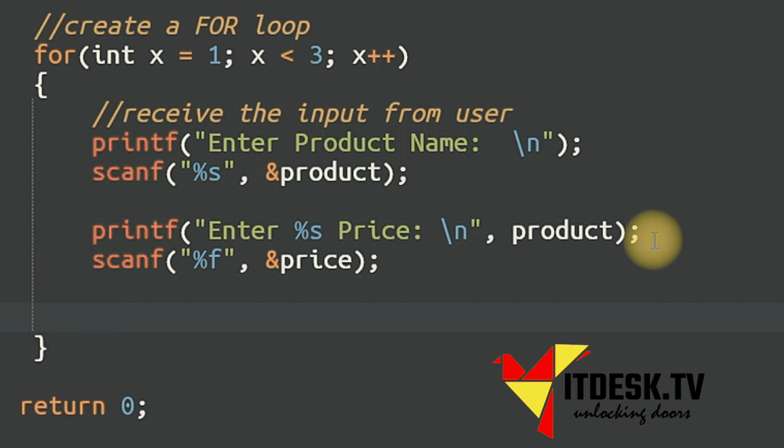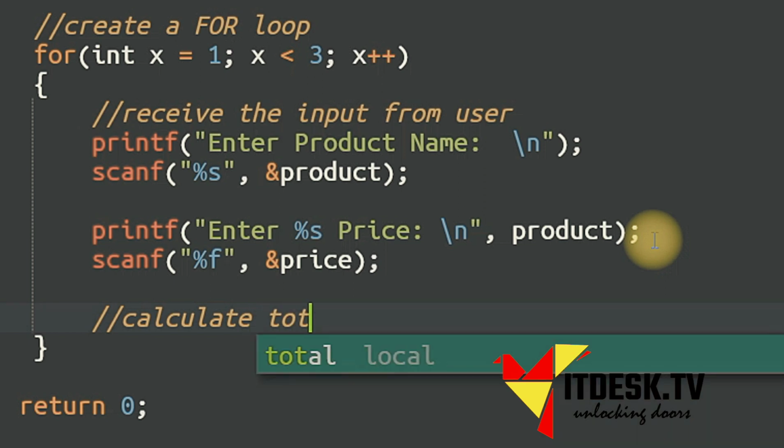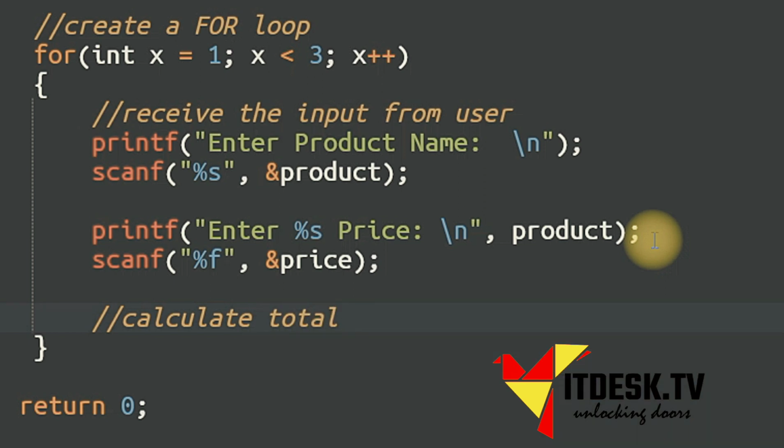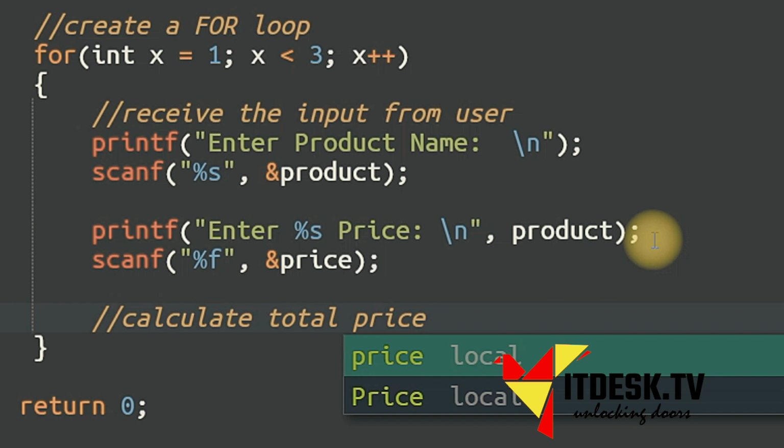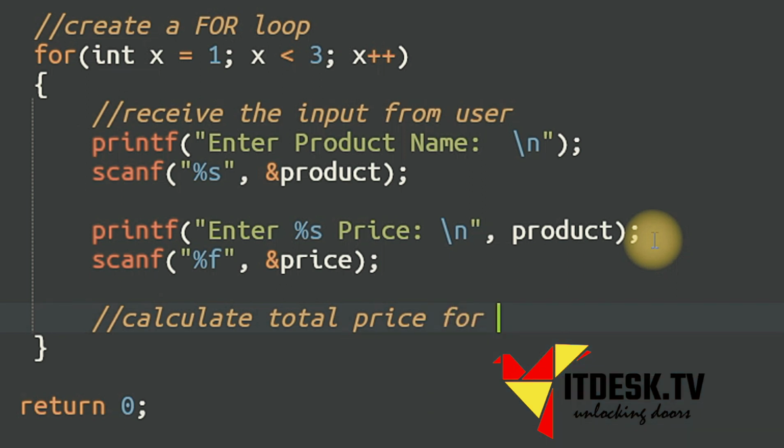The next thing I'm going to do, and you notice I'm putting in comment lines. I'm explaining the code, and that's a good practice to have. It will help you so you know exactly what's going on.